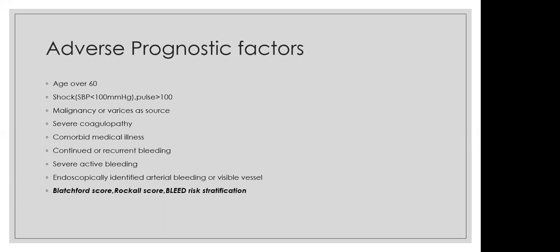The Rockall score as well, but it also includes endoscopic findings. There is a pre-endoscopic Rockall score that's been described as well that doesn't have the endoscopic findings as part of the assessment. So all these show your patient's prognosis.